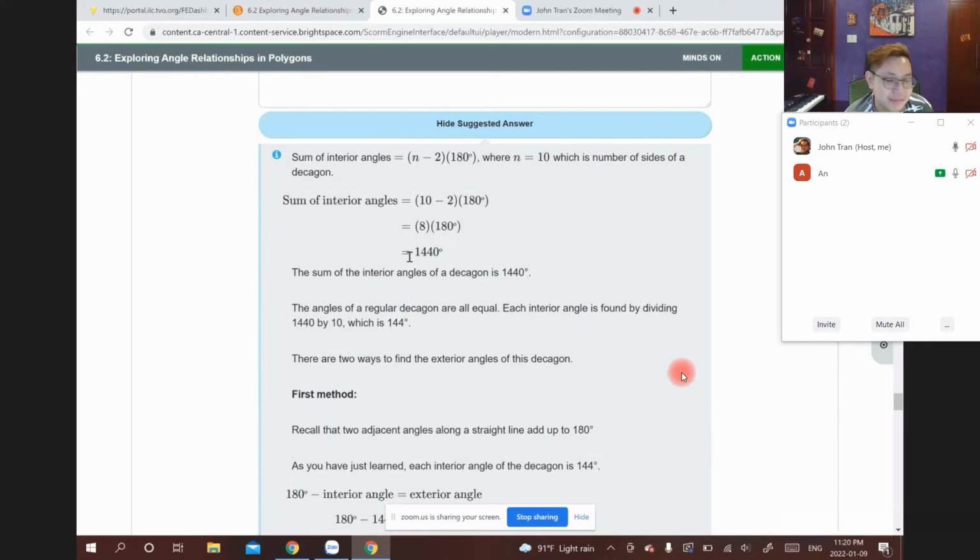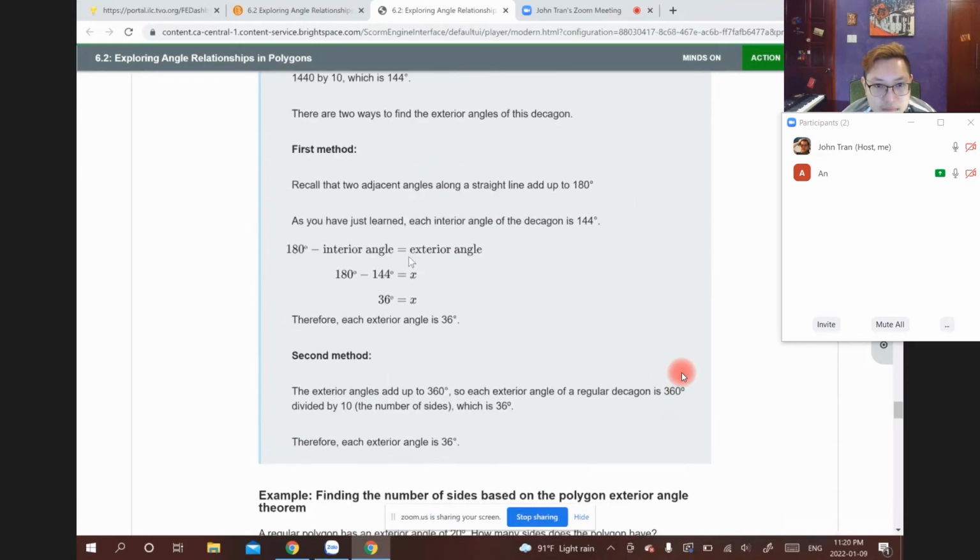Yeah. So instead of doing our way, they do it this way. But still, it will arrive at the number 1440 degrees. 144.